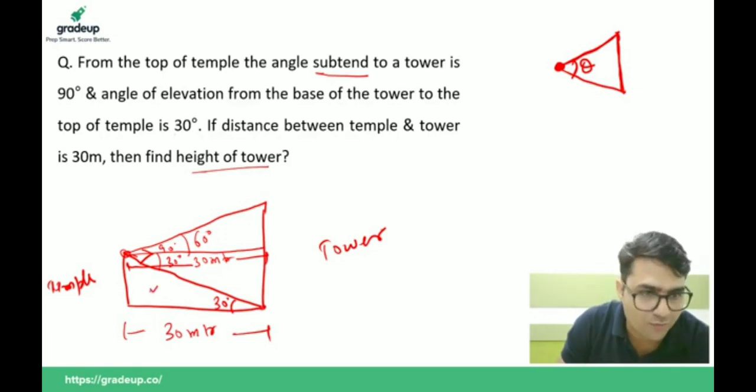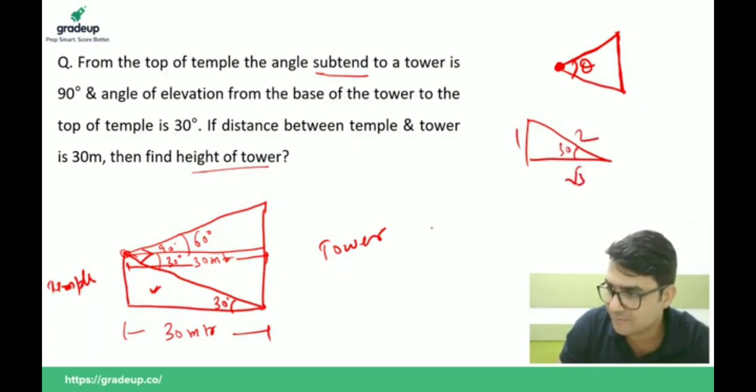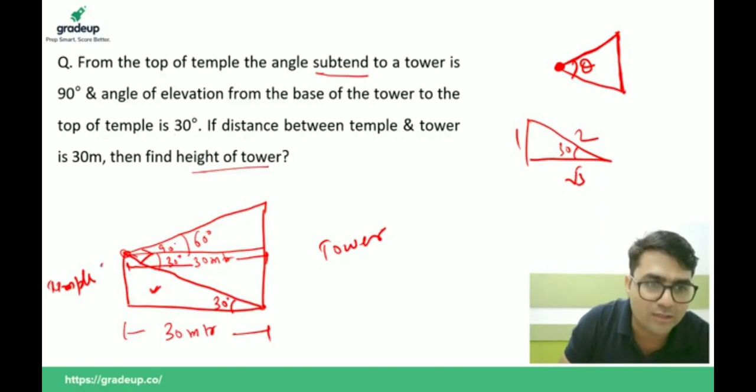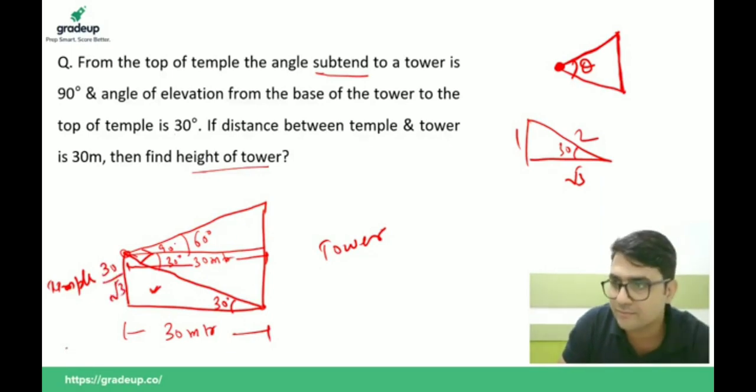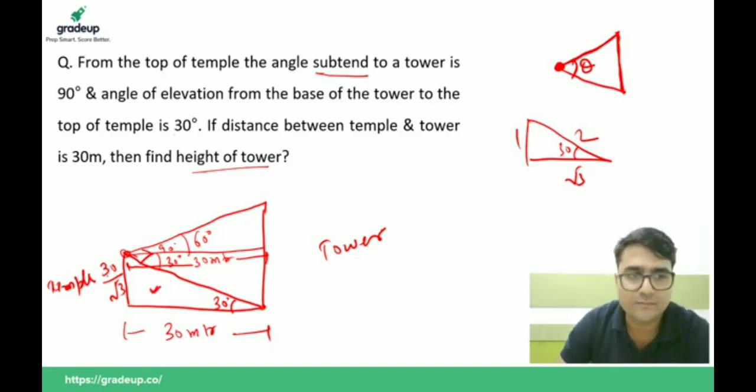Now, first of all, check in this 30 degree angle. If you have a 30 degree angle, then you can easily find this. If this is 30 degrees, this will be 30 by root 3, which is 10 root 3.